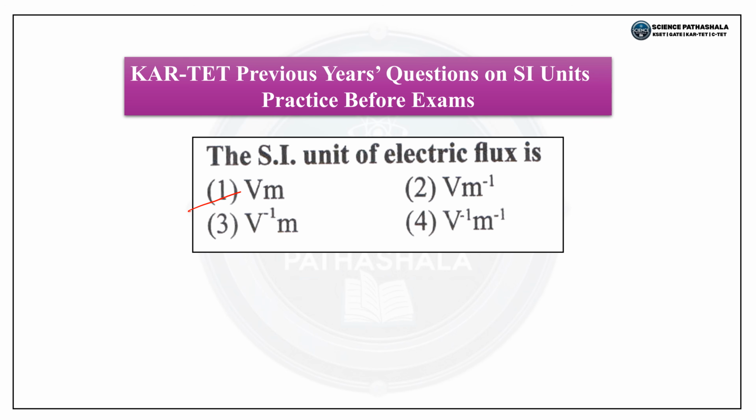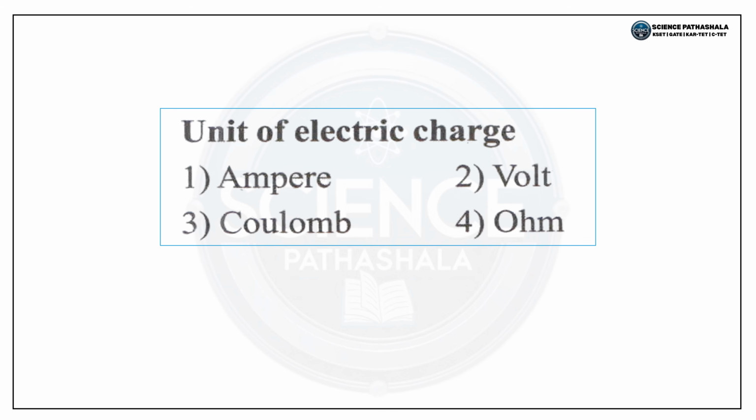Option 1 is the correct answer. Unit of electric charge, options ಈ ರೀತಿ ಇದೆ. ಆಂಪಿಯರ್, ವೋಲ್ಟ್, ಕೂಲಂಬ್, ಓಮ್. ಸೊ ನಾವು ಮೊದಲೇ ಡಿಸ್ಕಸ್ ಮಾಡಿರೋ ಹಾಗೆ ಸರಿಯಾದ ಉತ್ತರ ಇಲ್ಲಿ ಕೂಲಂಬ್. ಅಂದರೆ ಆಪ್ಷನ್ 3 is the correct answer.